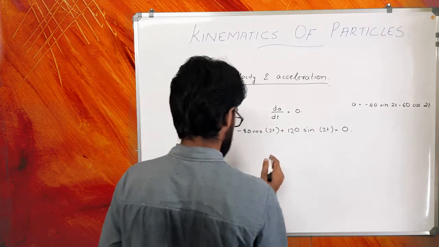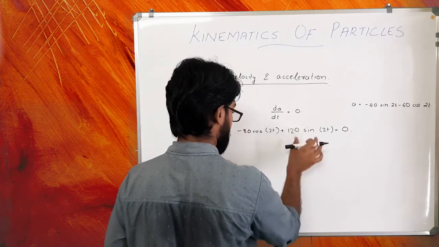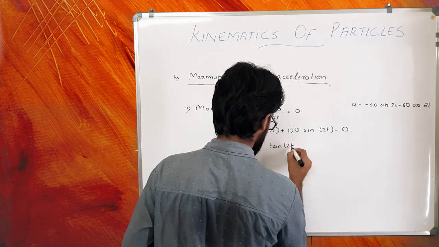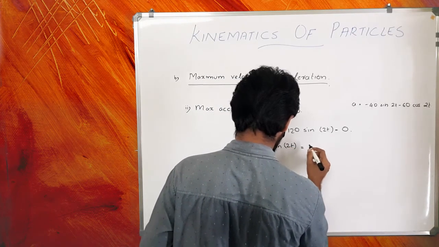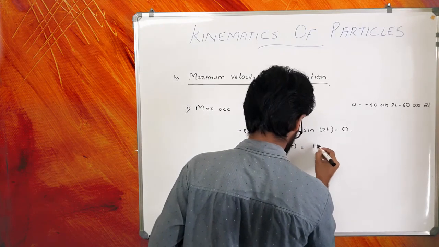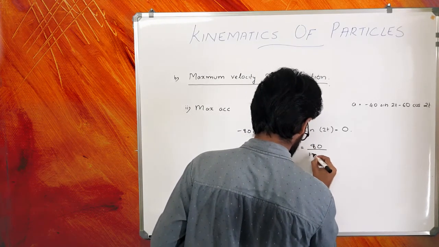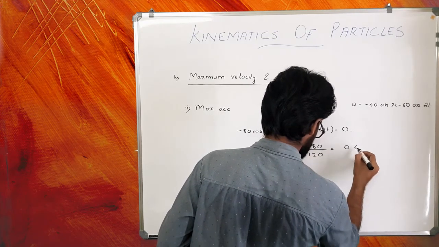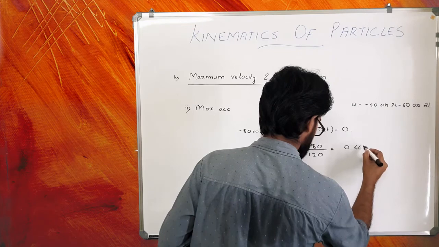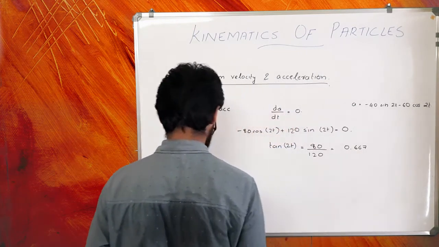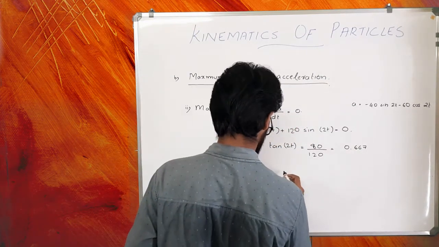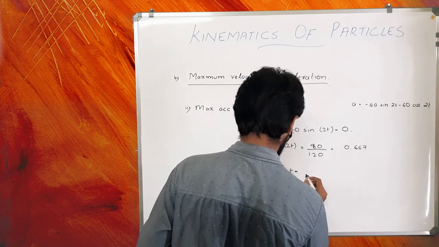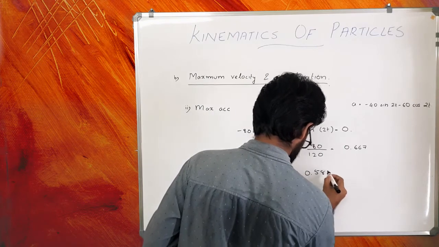Now, the same thing like we had done earlier, I would get tan 2t equals 80 divided by 120, that is equal to 0.66666. I can write 0.667. So, 2t will be equal to 0.588.